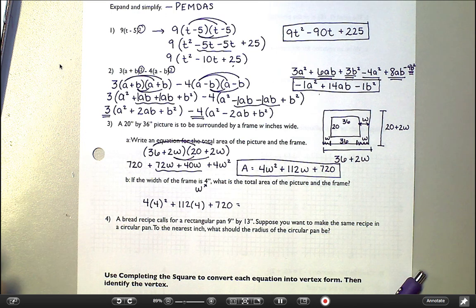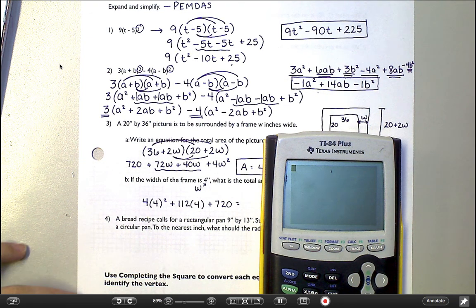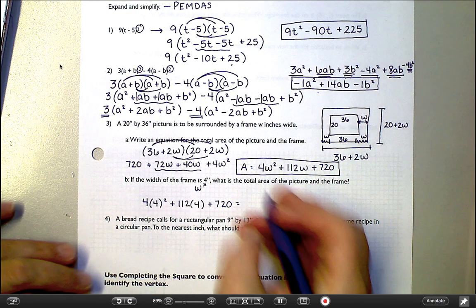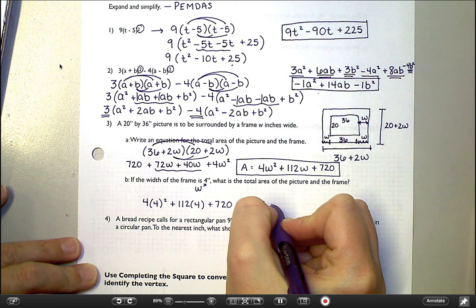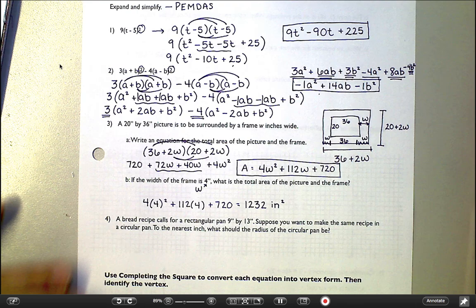And if I were you, I would put this all into your calculator in one step so we don't worry about accidentally mixing up order of operations. Okay, so I would go 4 times 4 squared plus 112 times 4 plus 720, and I get 1,232. And technically that would be square inches because it's measuring area.